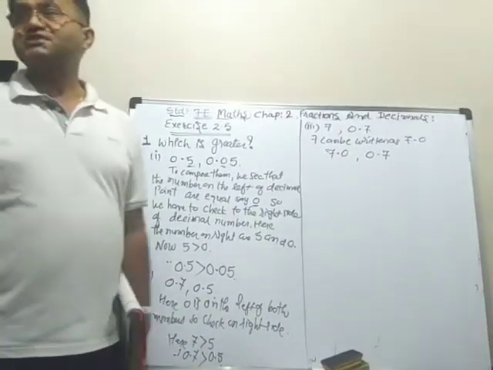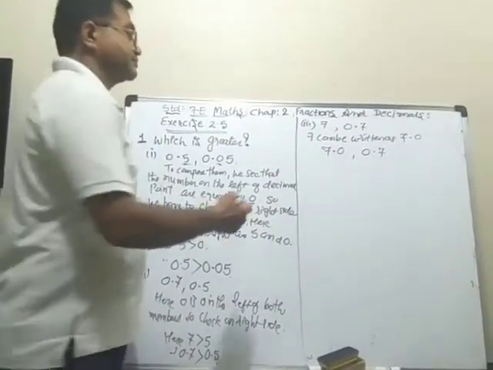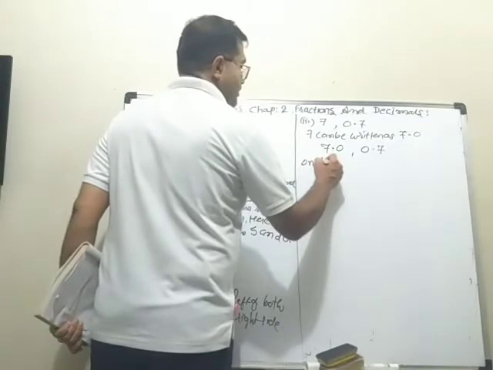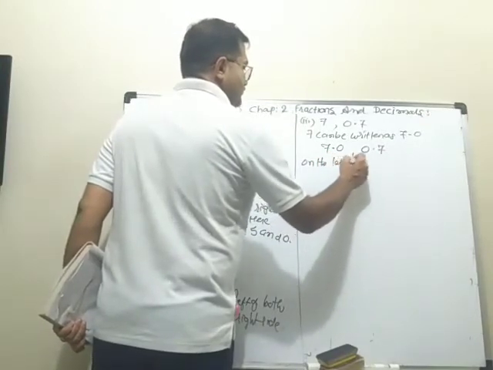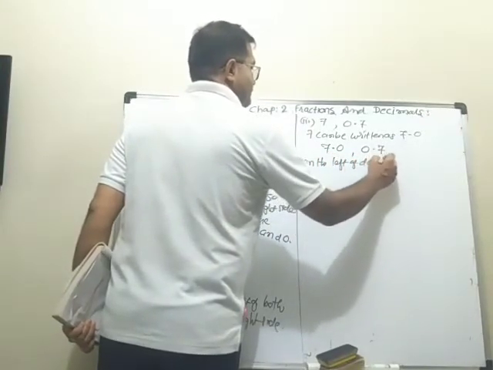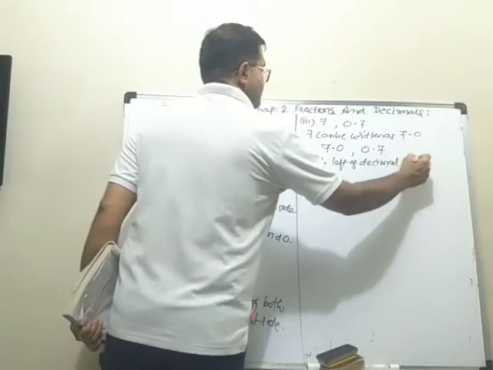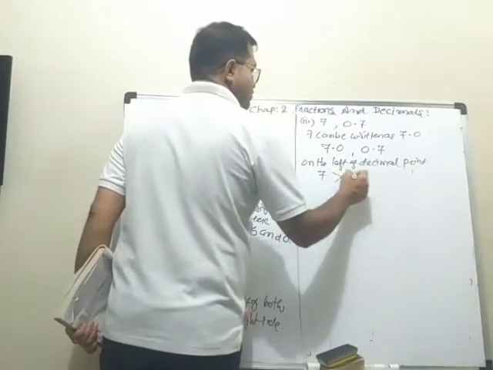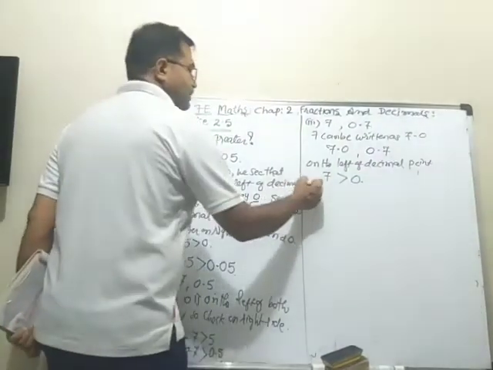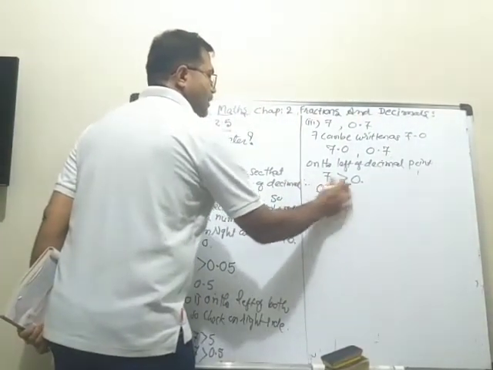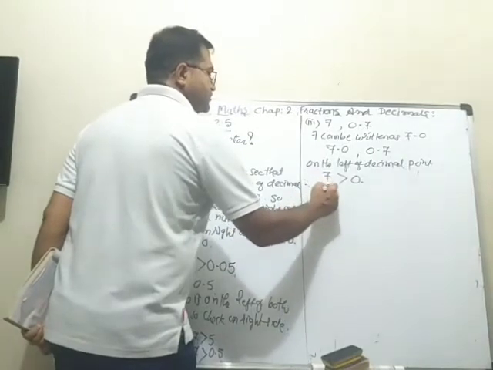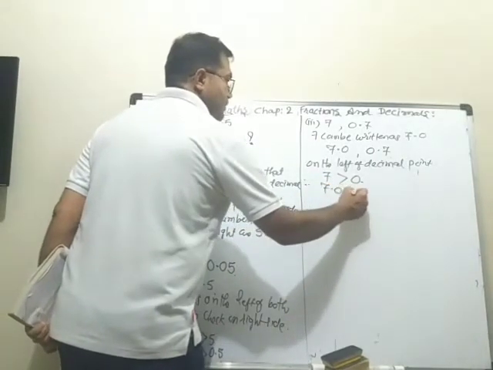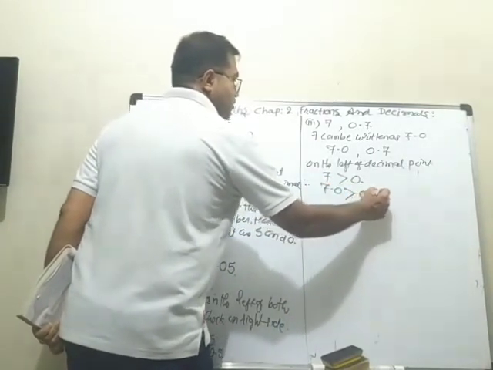Now here you can see that on the left of the decimal point, 7 is greater than 0. Therefore, 7.0 is greater than 0.7.